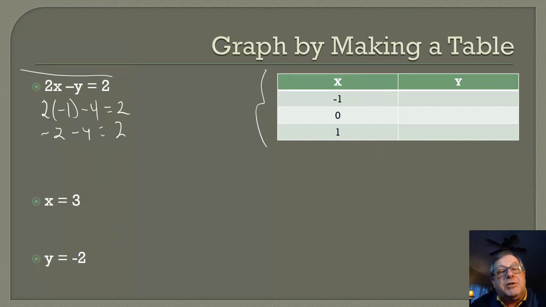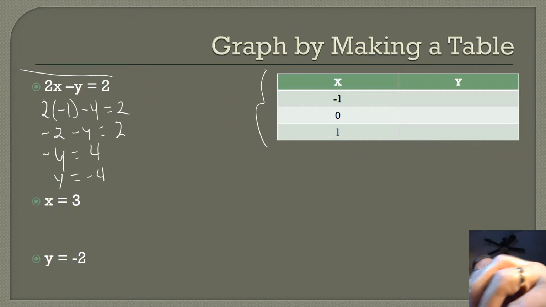And we're going to add 2 to both sides. And when we do, we get negative y equals 2 plus 2, which is 4. And then I've got that negative in front of that y, so I need to divide both sides by -1, which is going to change the signs of both terms, so y is equal to -4. And so when x is -1, y is equal to -4.